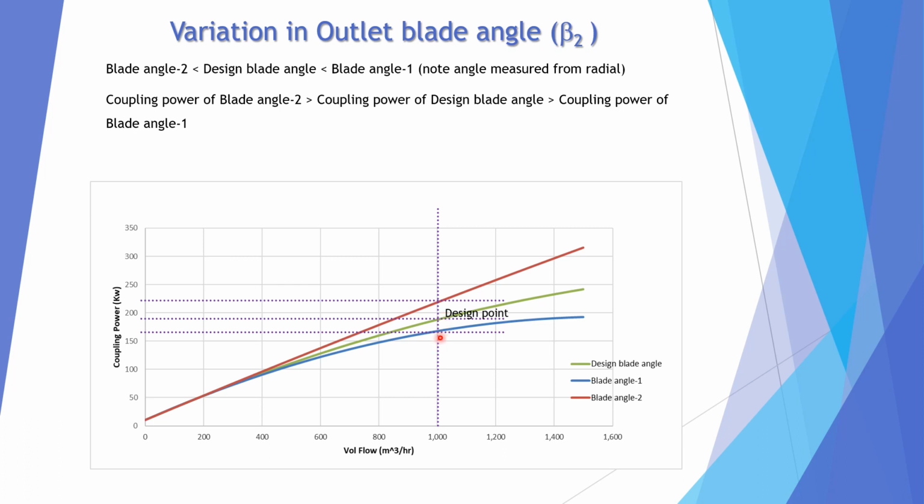So the blue line will consume less coupling power than the design, and the red line will consume more coupling power than the design. This is because the red line has a smaller blade angle, which produces more head rise as compared to design, and the blue line has a larger blade angle and produces less head rise, and that is why less coupling power. This is as per the expression.